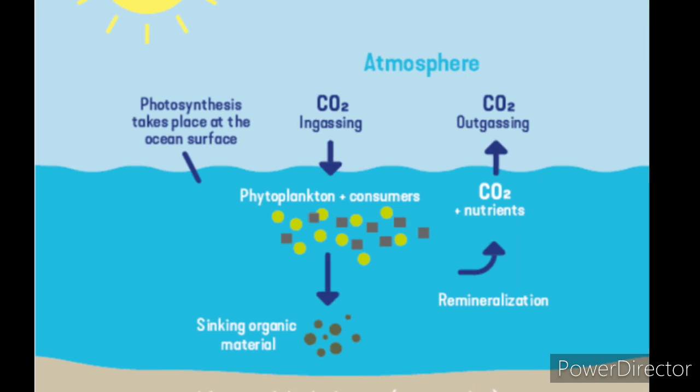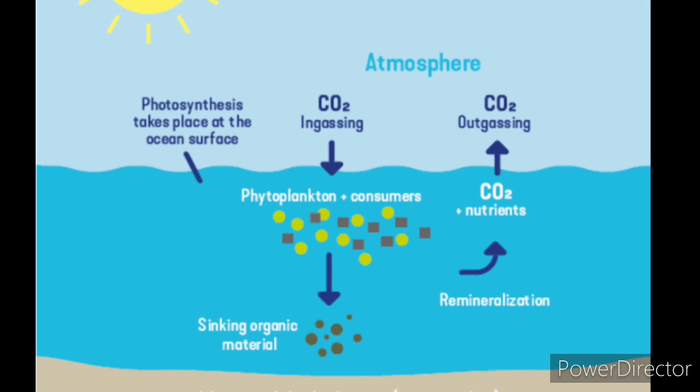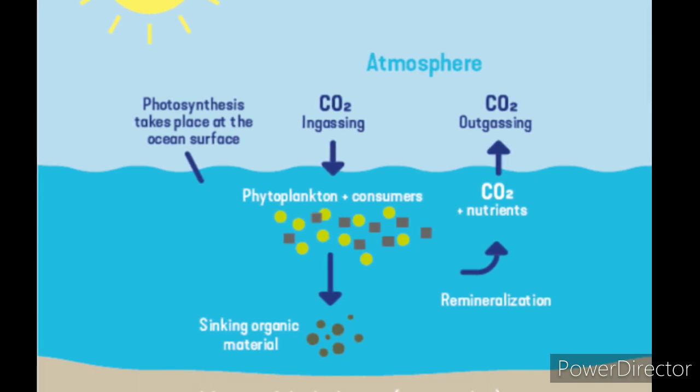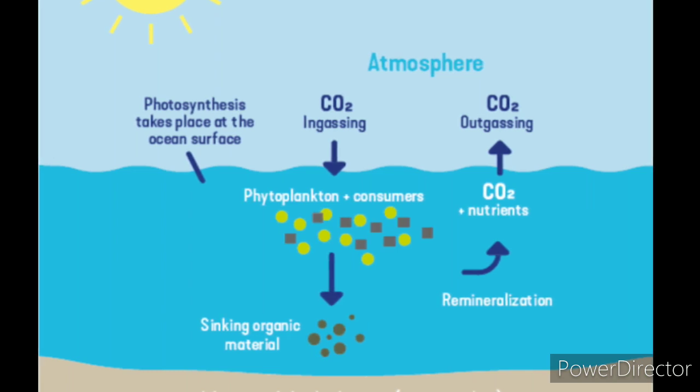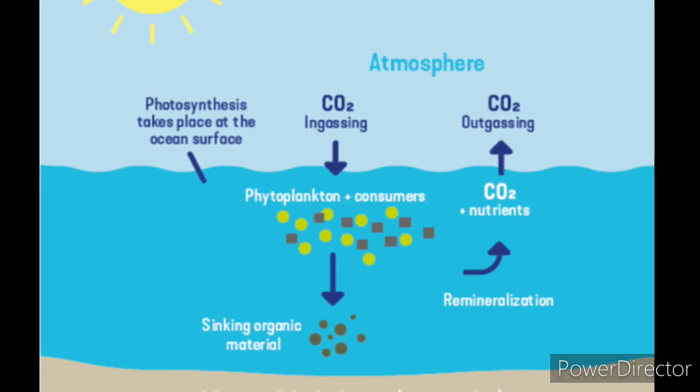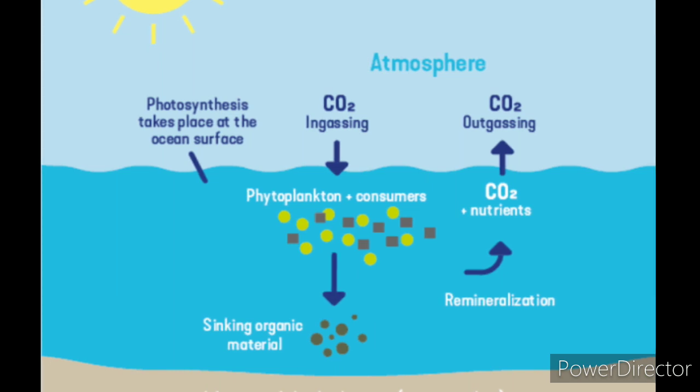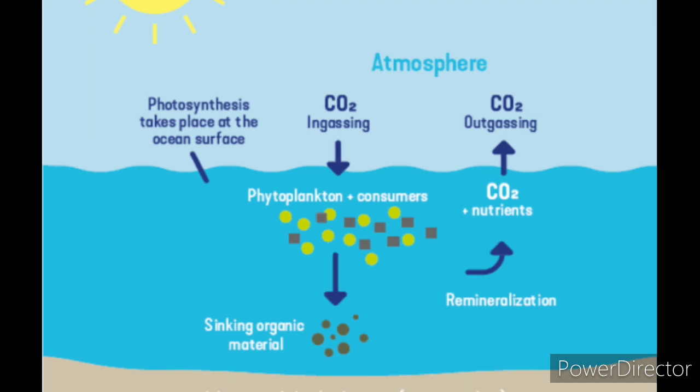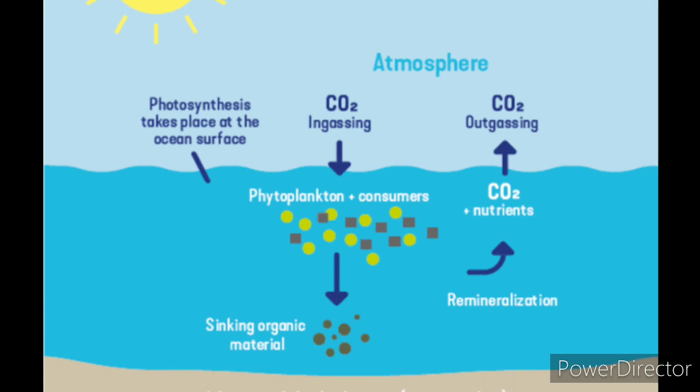So the ocean consists of a huge amount of floating phytoplanktons, and since they are floating on the surface of the ocean, they are capable of absorbing sunlight or light energy. As you can see in this diagram, the phytoplankton and the primary consumers are always present nearer to the surface of the ocean.